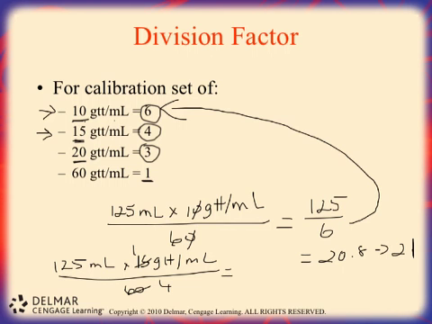So in essence, you end up dividing 125 by 4. And so you can see how we use that division factor. And 125 by 4 is going to be, I don't know, 30 something. And so because it takes more drops per milliliter for this particular drop set, our final drops per minute would be increased in order to deliver the 125 milliliters per hour.